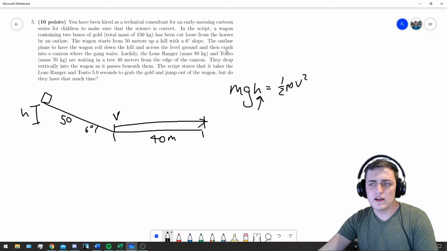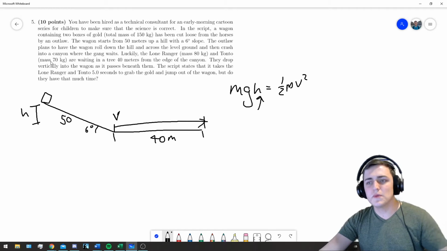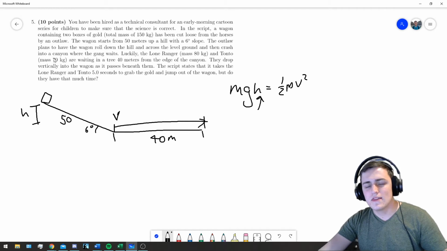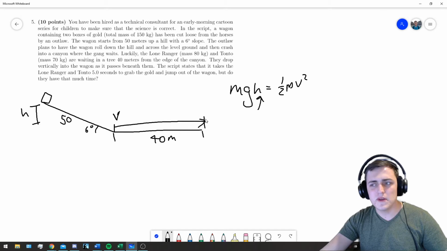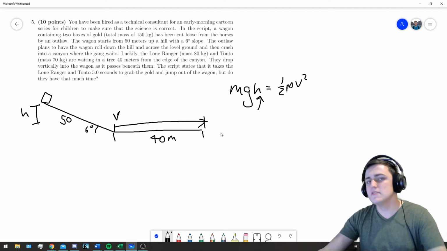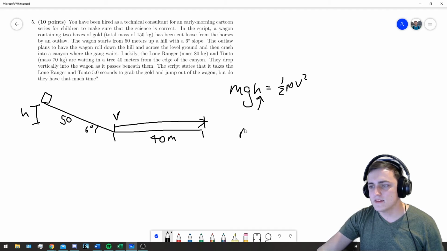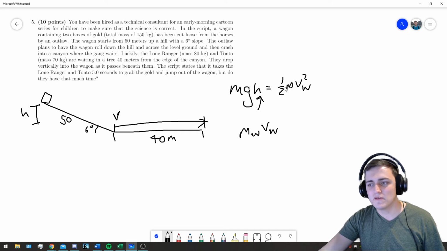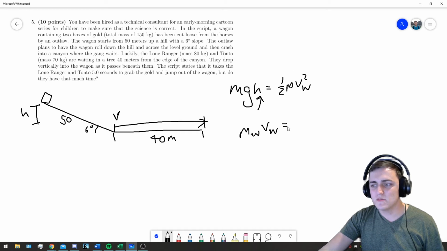We can find v, but that's just the velocity as we go down the hill. When the Lone Ranger and Tonto jump onto the wagon, it actually slows down because of conservation of momentum. So the mass of the wagon times the velocity of the wagon as we hit the flat, this momentum must be conserved.